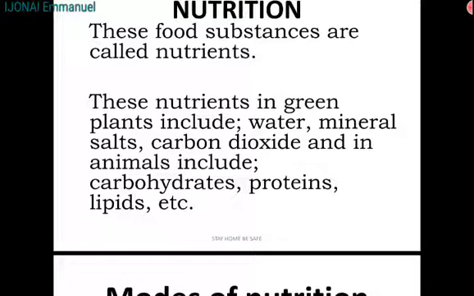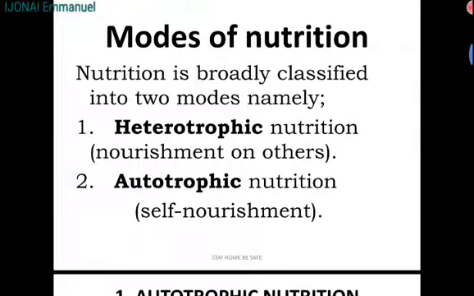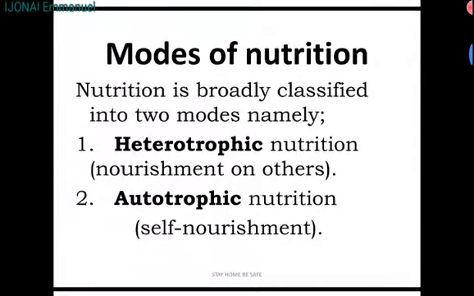When you look at nutrition, members, you realize that there are modes of nutrition. I don't know whether any one of you knows the modes of nutrition that we have. Well, we have two major modes of nutrition. We have heterotrophic nutrition.